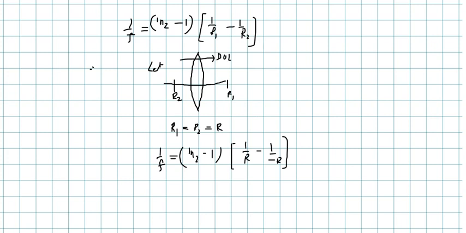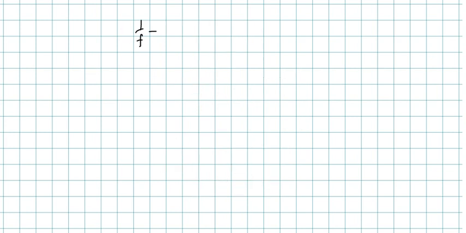So here r1 is positive, however r2 would be negative. Then this relation becomes n2 by n1 minus 1 into 1 by r plus 1 by r, okay, so 1 by f is equal to n2 by n1 minus 1 into 2 by r.